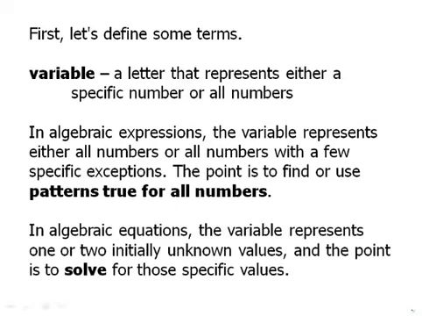In algebraic equations, by contrast, the variables represent one or two initially unknown values, and the point is to solve for those specific values. So with equations, we're trying to solve. With expressions, we're just trying to find patterns that are true for all numbers, with the variables representing all numbers. So this is a subtle distinction, and we'll talk about this more.